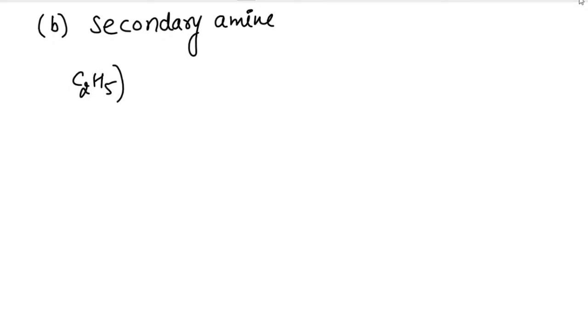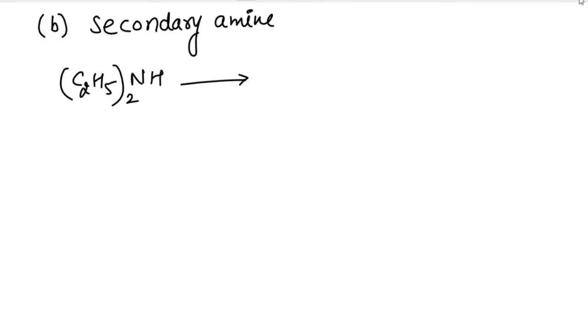Now, let us study secondary amines. It is like this, like diethylamine. Diethylamine can be oxidized with KMnO4 or with H2SO5, that is called Caro's acid, or persulfuric acid.